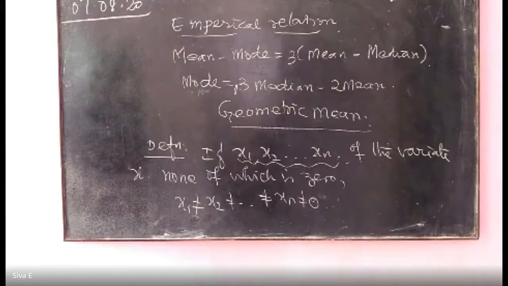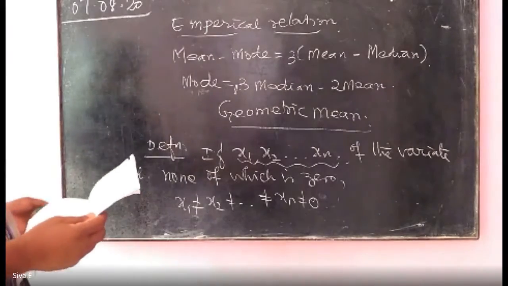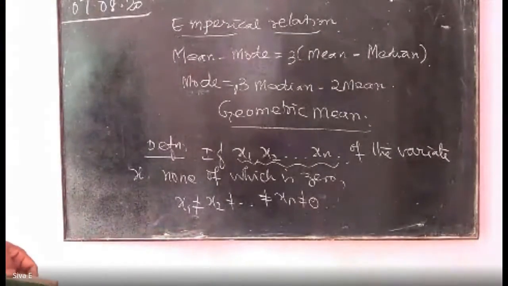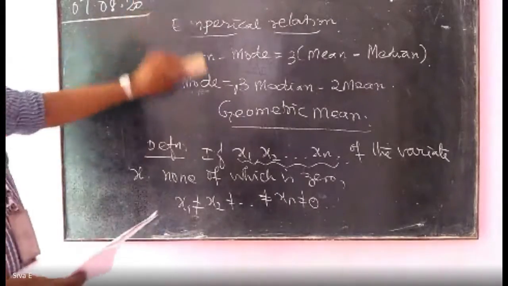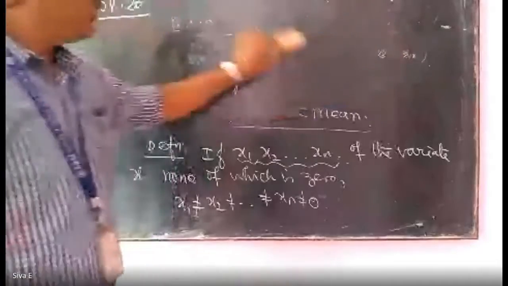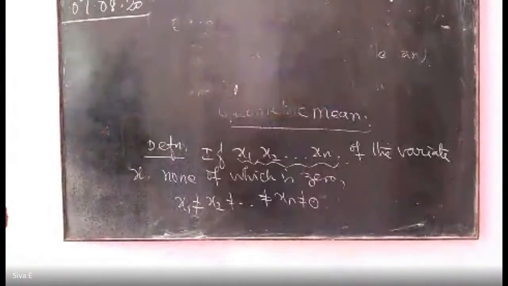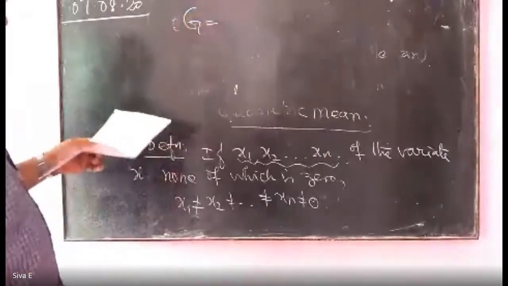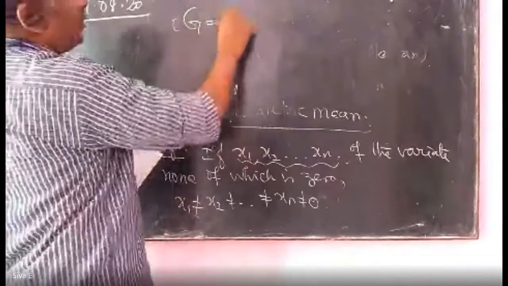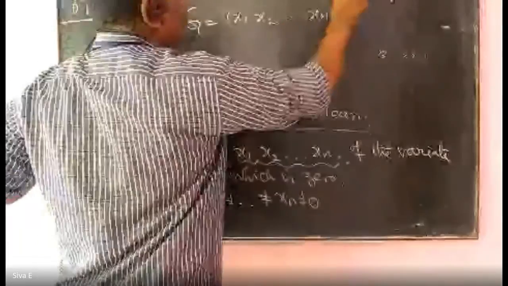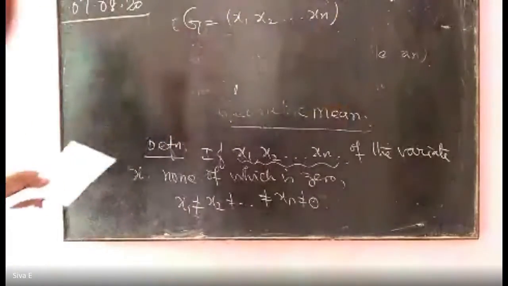The formula for geometric mean, which you are writing now: the geometric mean, denoted by capital G, is G equal to (x1, x2, ..., xn) whole power 1 by n.